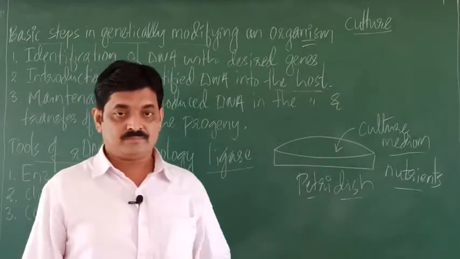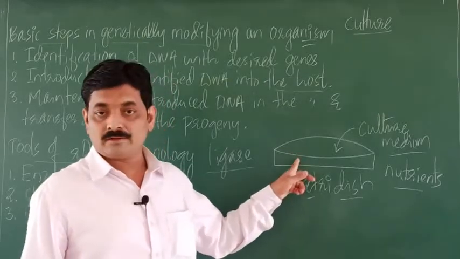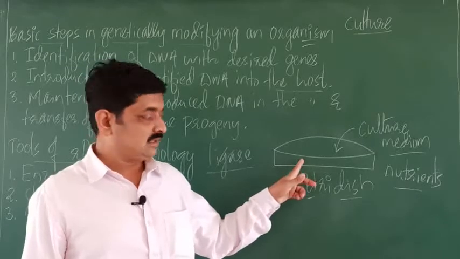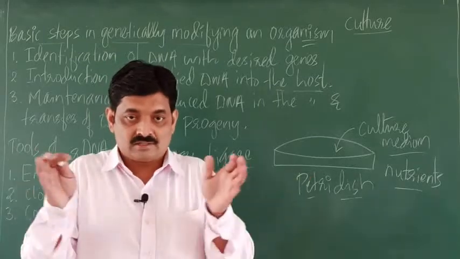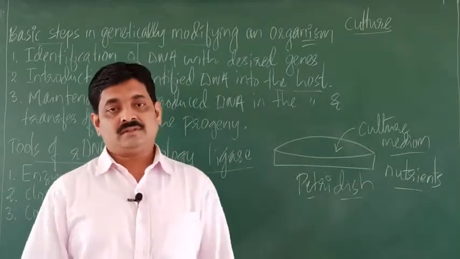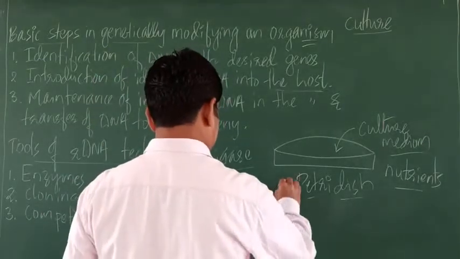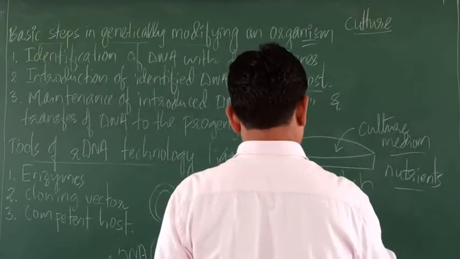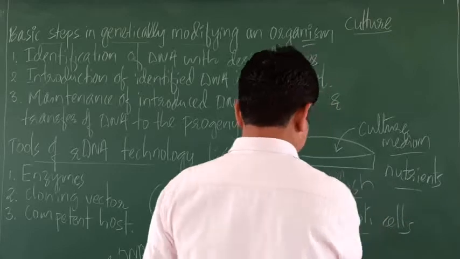Next, what is done? The E. coli cells are added in this culture medium taken in a Petri dish. So in the Petri dish, in that culture medium, E. coli cells are added. This is called the culture of E. coli cells.